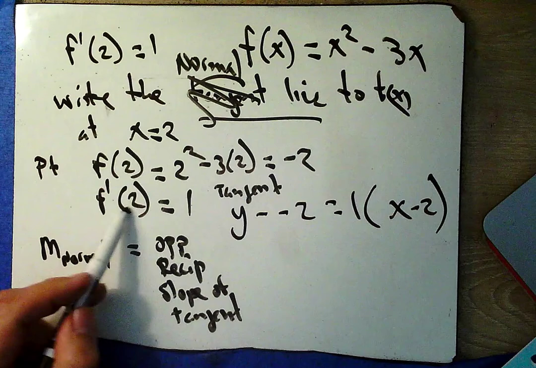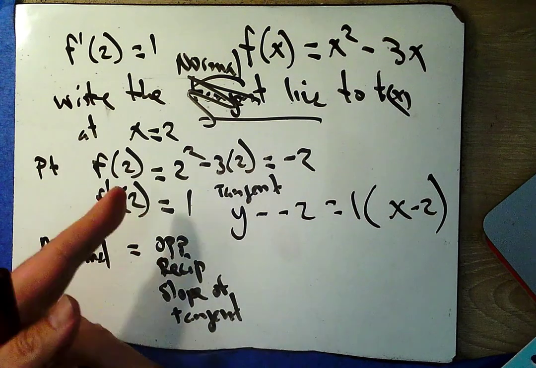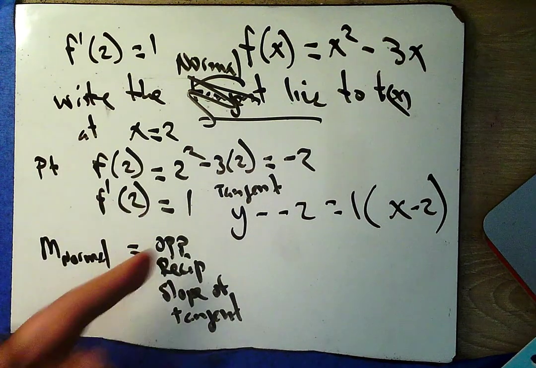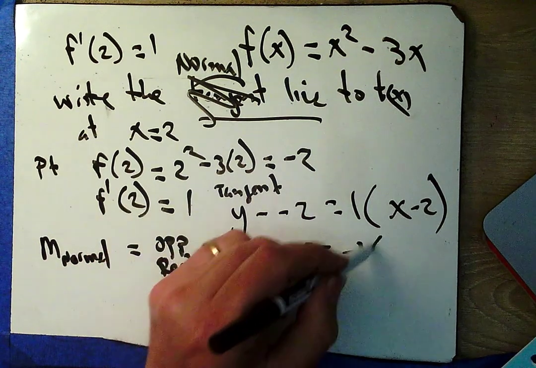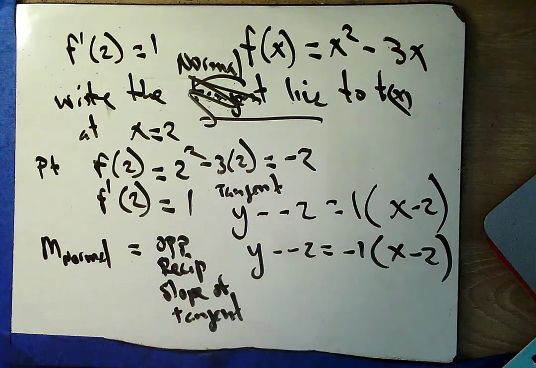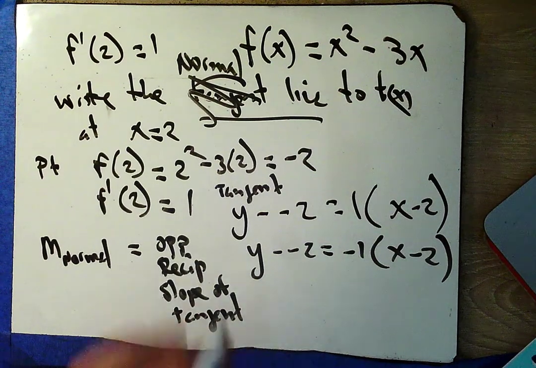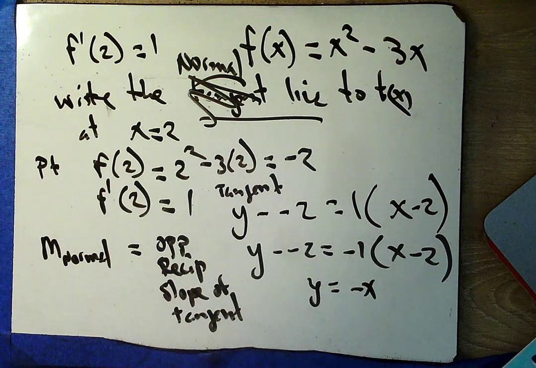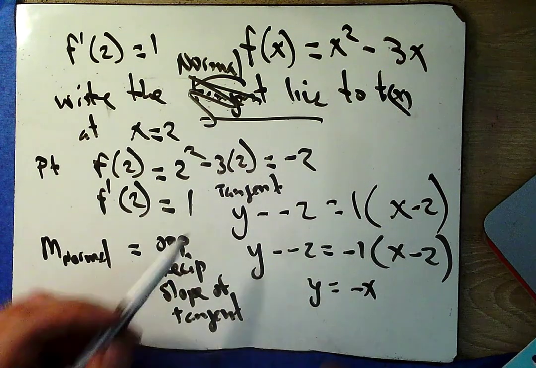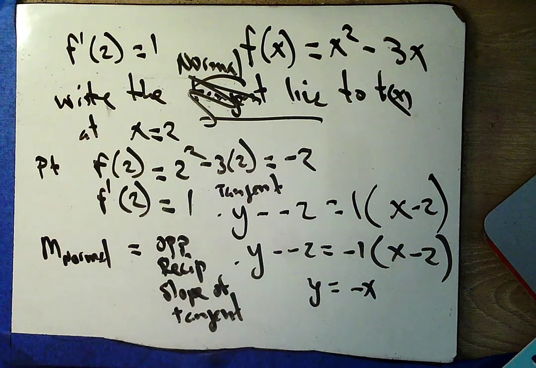Well, the slope of the tangent at 2 was 1, so if I flip 1 upside down and change the sign, I get negative 1. There's our normal line. Yes, of course you can tidy this up. You really can. You should get y equals negative x for the normal line. But you don't have to. You can just stop at those points.